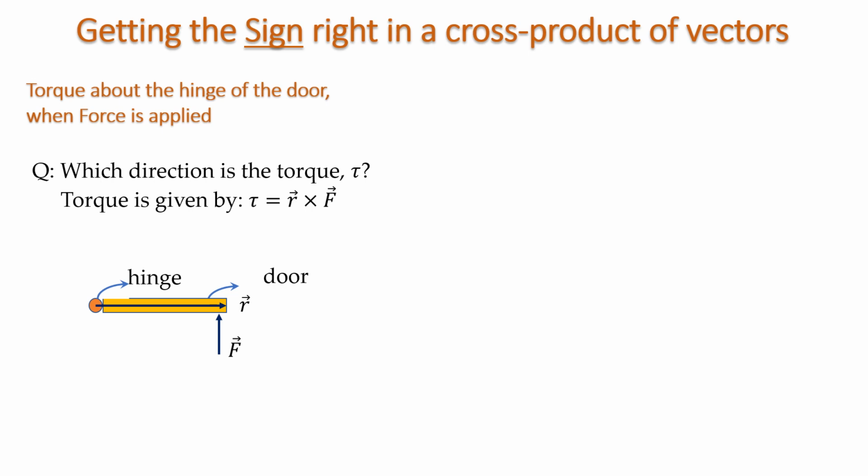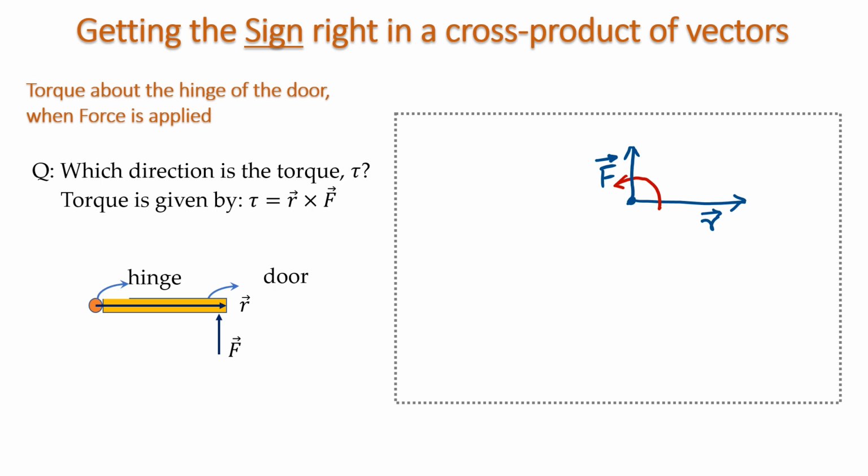We draw r and F separately so that they start from the same point. Now we want to go from r to F, and this is the way to go, counterclockwise. Based on the screwdriver or bottle cap rule, it is out of the page, and therefore the direction of torque is out of page.